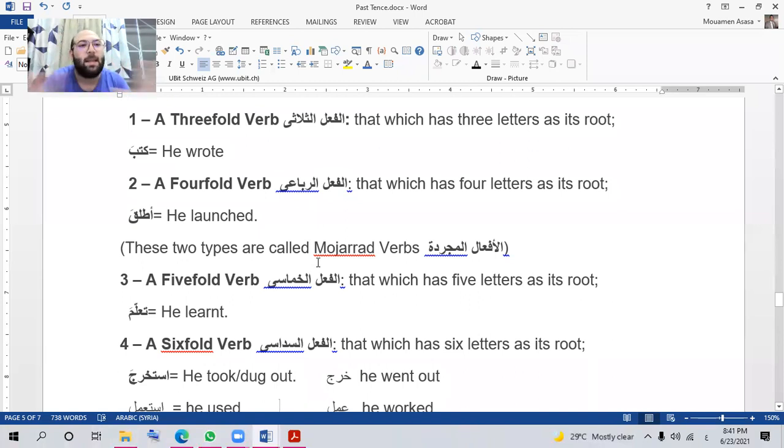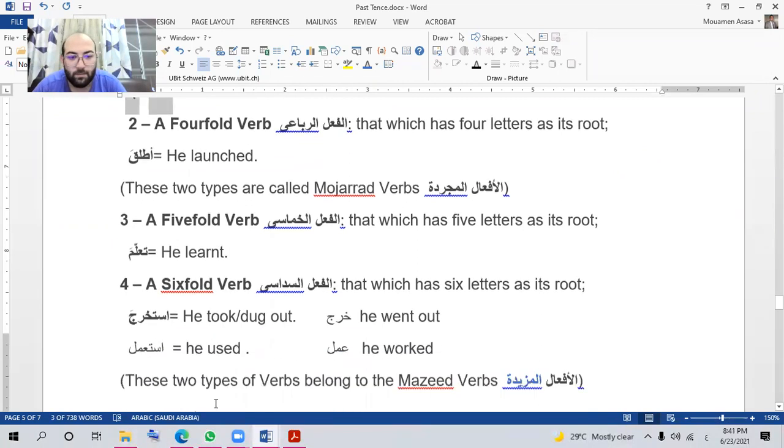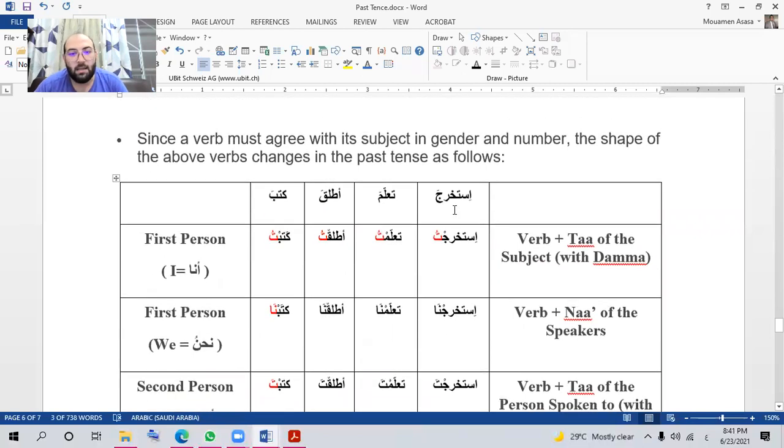First and second are the basic ones, and all the language comes from them. The fivefold and sixfold are verbs mixed with letters from the first and second categories. We have examples: istakhraja, ta'allama, atlaqa, kataba. We will learn them together.